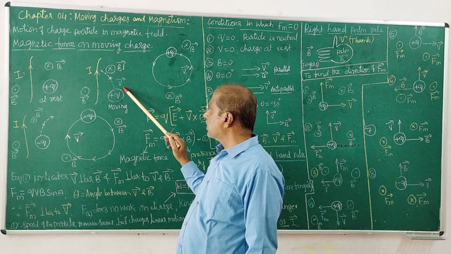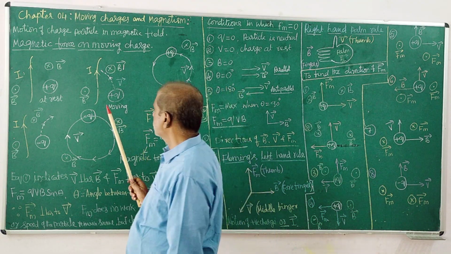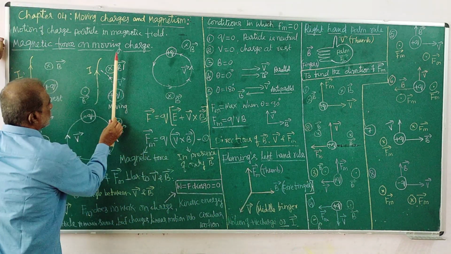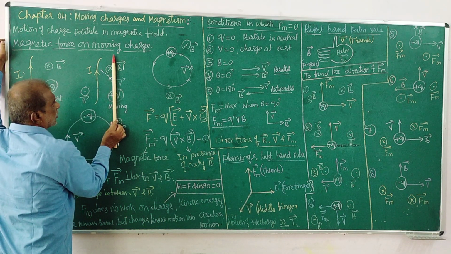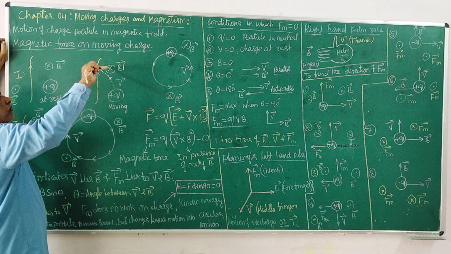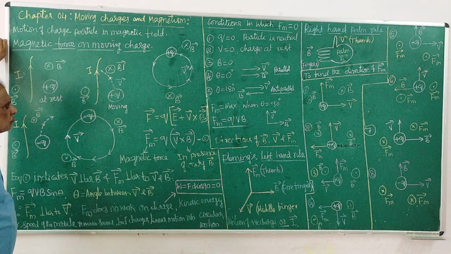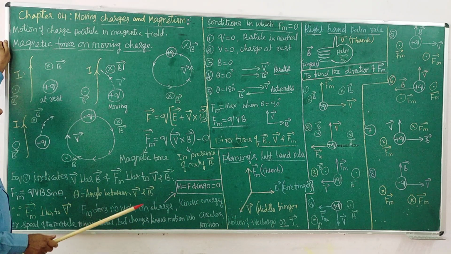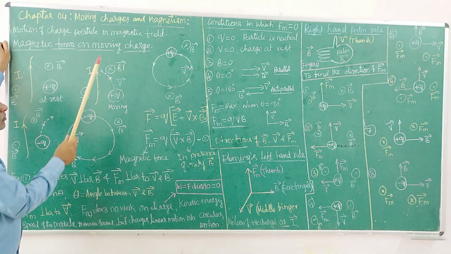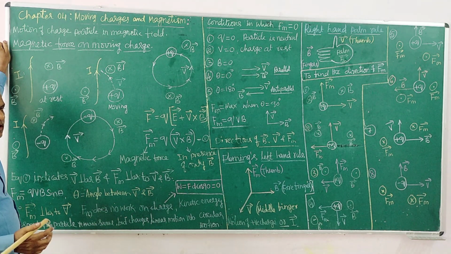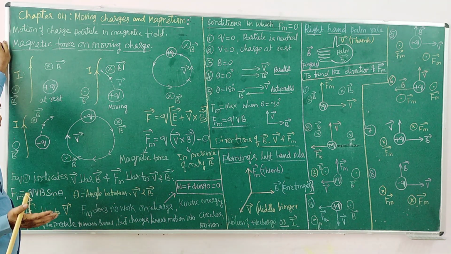The velocity vector is the direction of the movement of the charge. The interaction between velocity vector and magnetic field vector produces one more vector, a resultant vector. It is a force vector, a magnetic force vector.